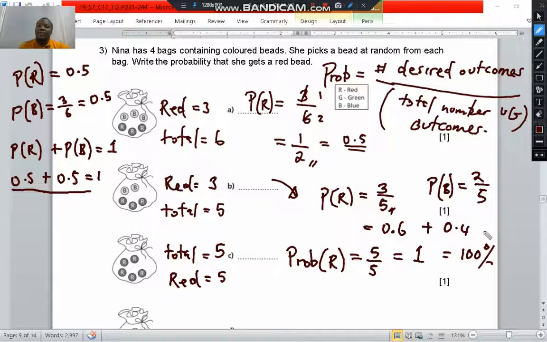If we add these two, you can see that we are getting 1. So this confirms what I'm trying to say. We've talked about this in class, but I just want to make sure that you understand. All probabilities, in any case, when they are added together, should add up to 1. So if I gave you any decimal probability, you should just see how you work with the one and find the other probabilities. It's very important that we understand this concept.